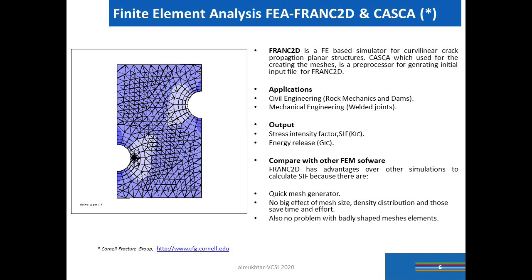The output of this program is the stress intensity factor or fracture toughness and the energy released from the crack propagation. That means this program was verified and has some advantages compared with other finite element analysis software, such as a quick mesh generator and no big effect of mesh size or mesh density distributions.